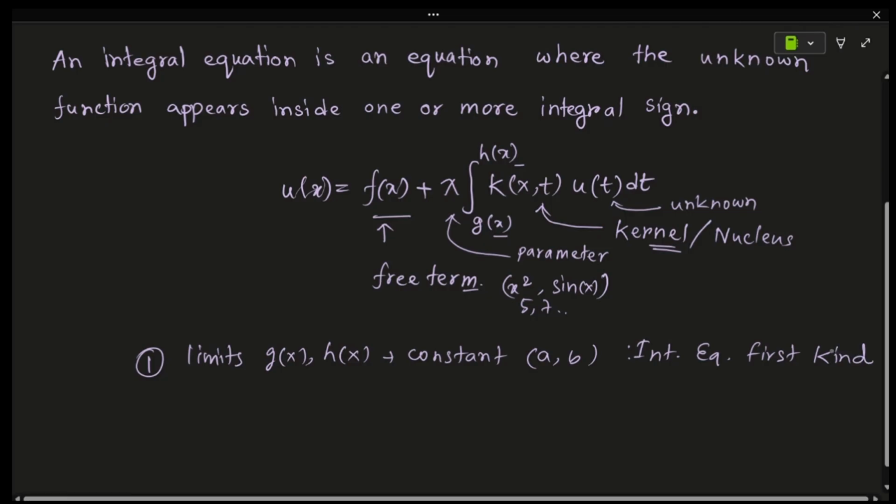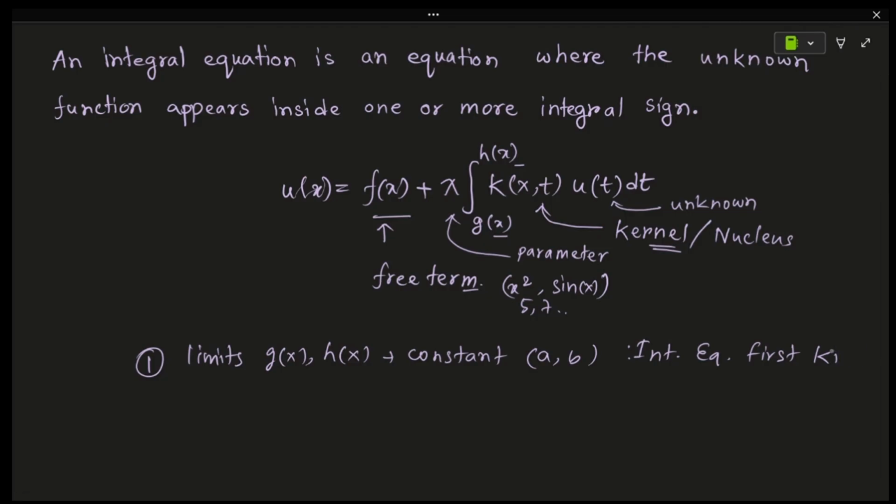Oh, sorry, not that. I just forgot the name. It's called a Fredholm integral equation. When the limits g of x and h of x are constants, then the integral equation is called a Fredholm integral equation.